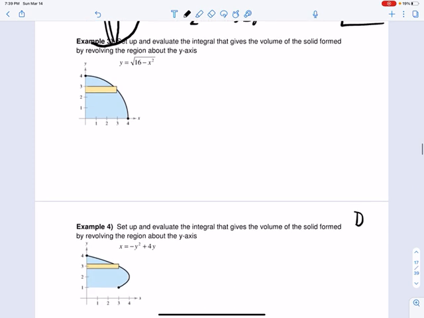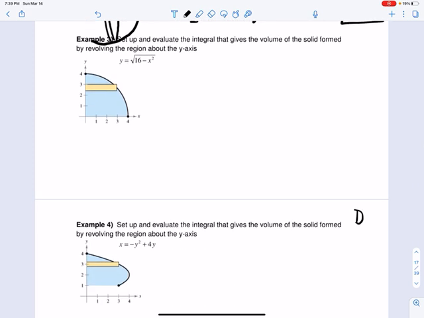All right, you can also do a revolution around something other than the x-axis. So if we revolve it about the y-axis, so our figure in this case would look like this, and then your representative disk this time is delta y.